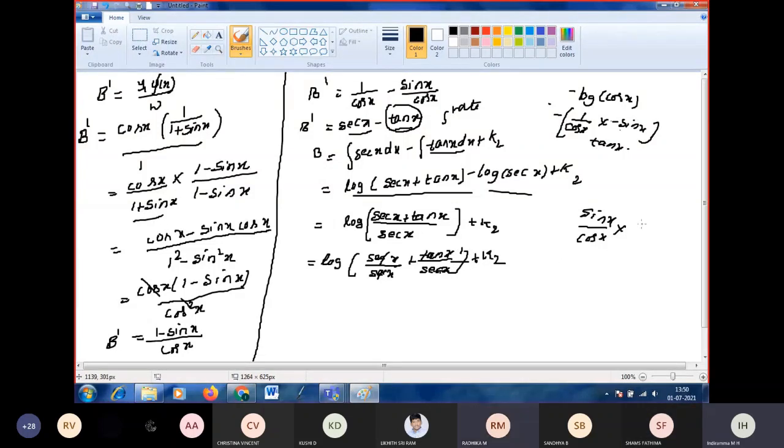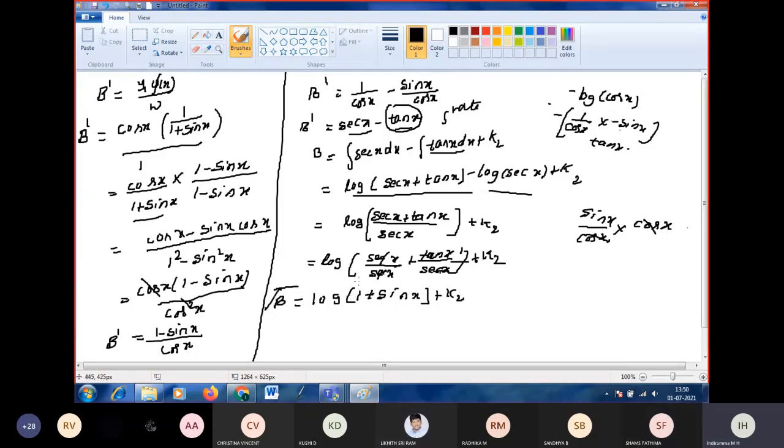Secant is 1 by cos. The denominator of the denominator is multiplied by the numerator. Is it right? sin x is cos x, and cos x and cos x cancel. So log of 1 plus sin x. Is it correct? So this is our b.